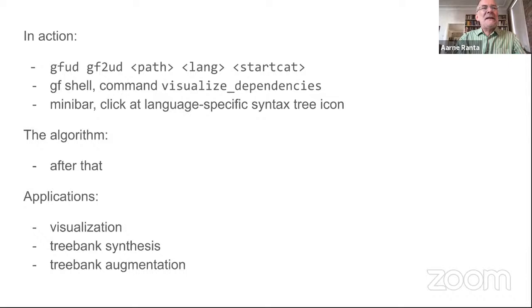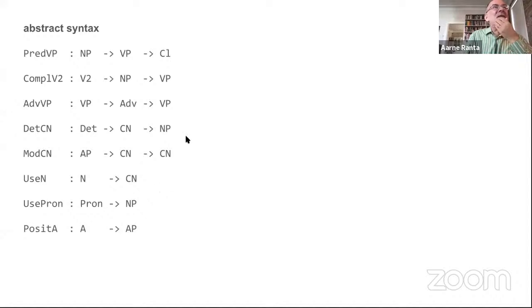The basic idea is that instead of manually writing tree banks, like manually parsing sentences, you can generate a tree bank from the GF trees and then train the parser with that to save some work. I will come back to that. Or you can augment a given tree bank with more trees. And then there are also some other applications that we will see. Arianna's talk after this is also an application.